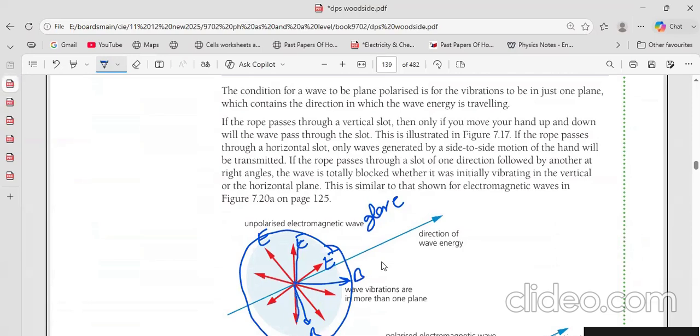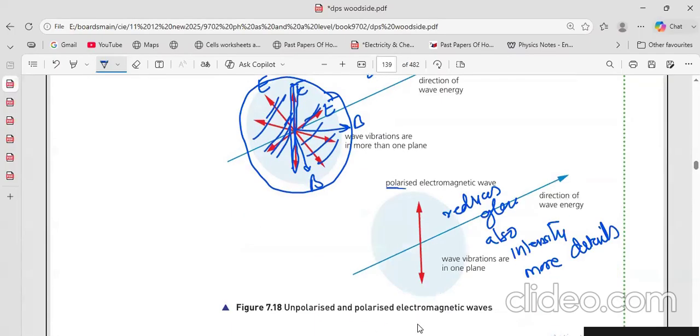Only one is allowed through the slit. The others are cut off. So the wave becomes polarized vertically, and wave vibrations are only in one plane. This is the E vector. B, the magnetic field, is perpendicular to this, and it is propagating in this direction.